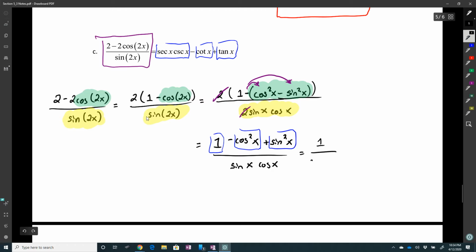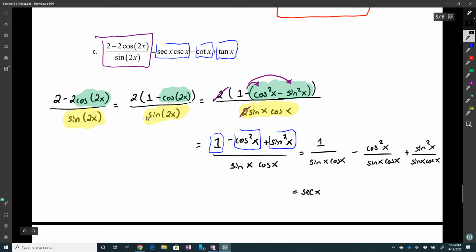This is 1 over sine x cosine x minus cosine squared x over sine x cosine x plus sine squared x over sine x cosine x. Now 1 over sine is cosecant, and 1 over cosine is secant.